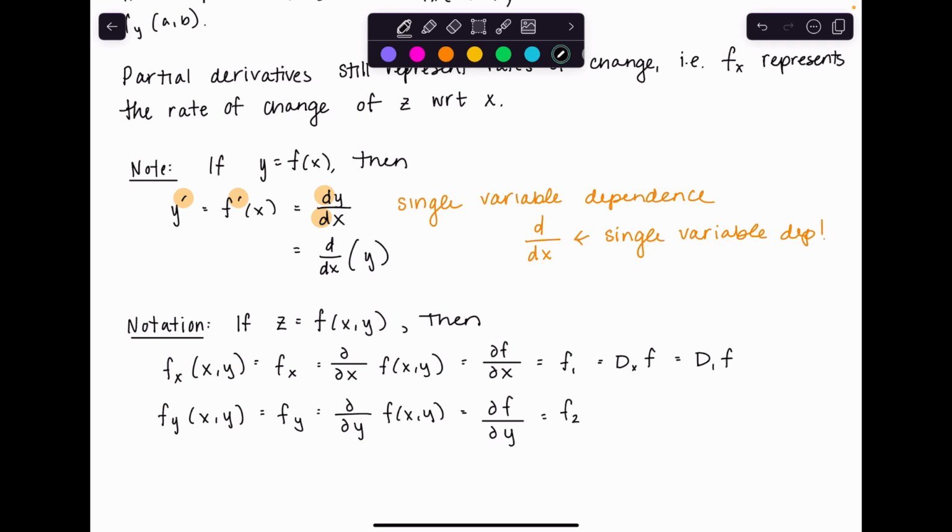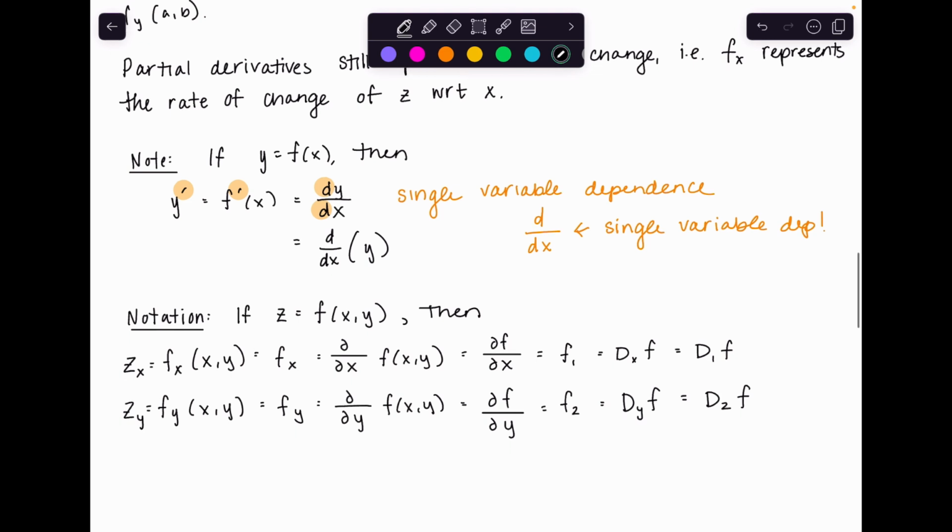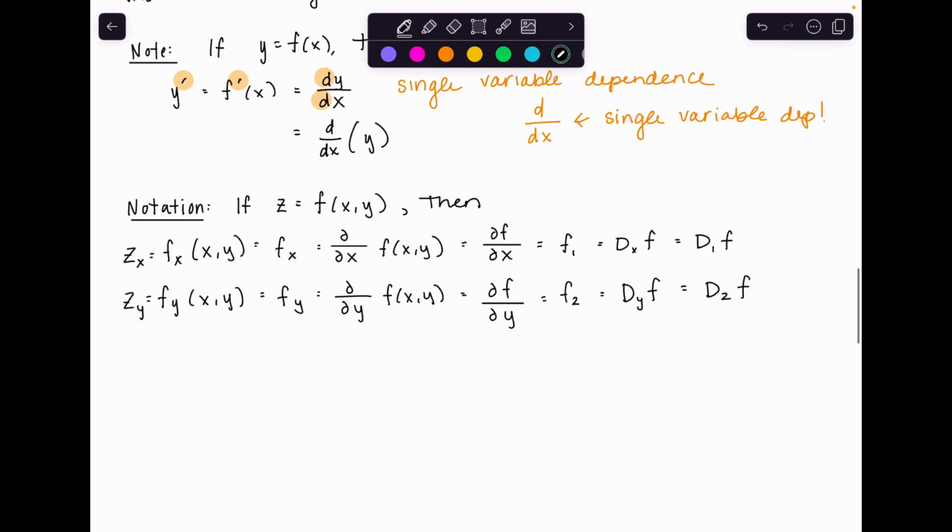Since this is the second variable, you can use a 2 as a subscript, or you can use d sub y of f, or d2 of f. Okay. And then in the same manner too, like you have y prime, you can also say z with respect to x, or z with respect to y. Those ones are just less common with these partial derivatives. We usually like to use f sub x, f sub y. Okay.